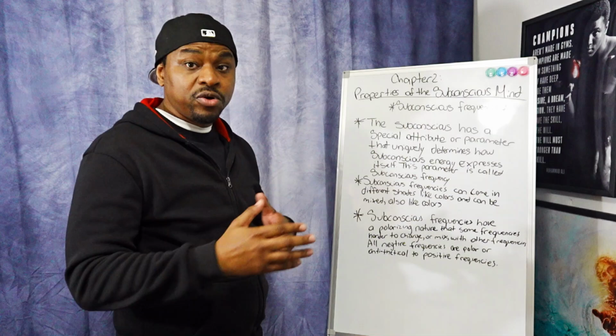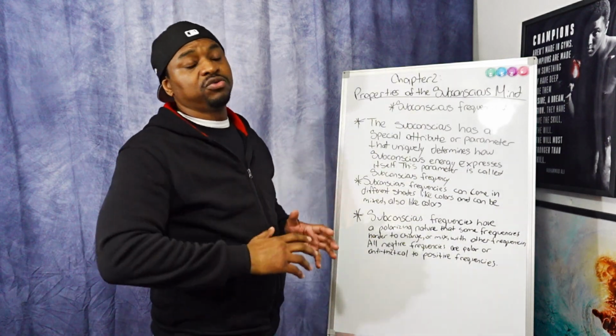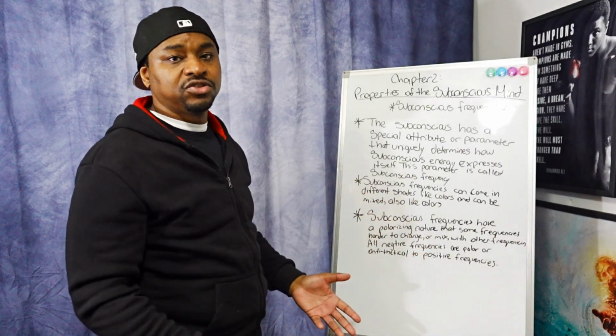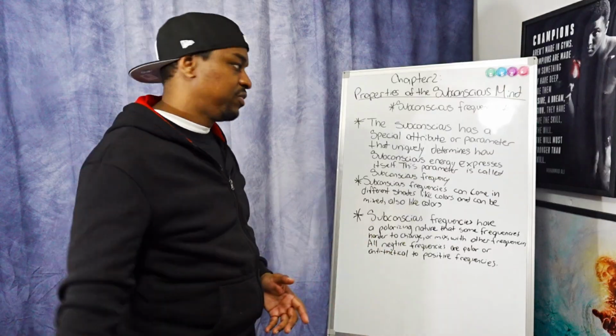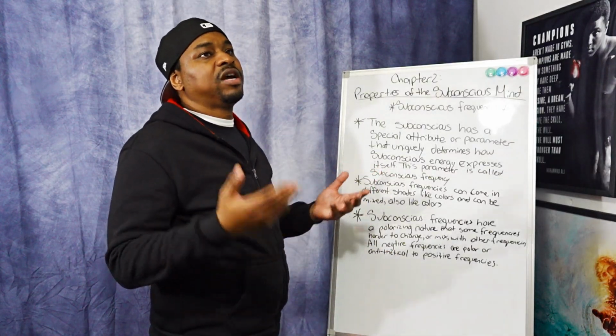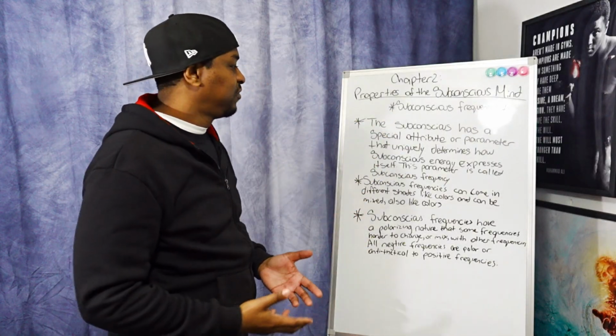Now, the important thing to recognize is that it's unique. If your subconscious switches to another frequency and charges on that frequency, it's not going to feel like joy. It's going to be some other emotion associated with that frequency. Let's say I switch to the frequency of gratitude. That's a good frequency, it feels good.